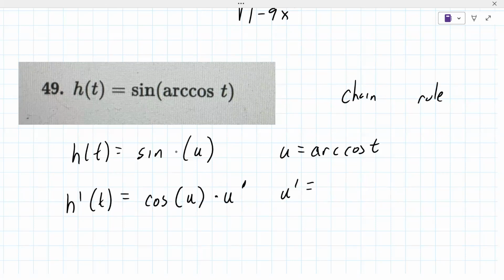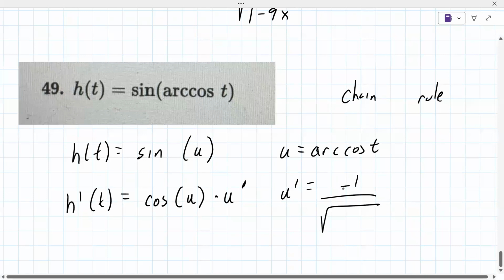So what is the derivative of arc cosine? Negative 1 over the square root of 1 minus t squared.